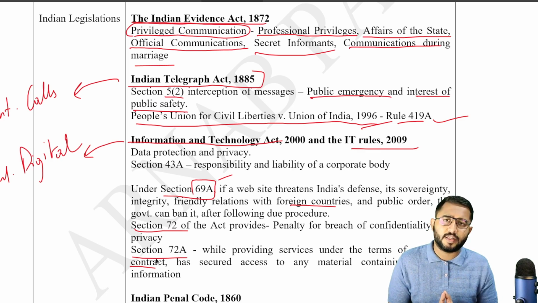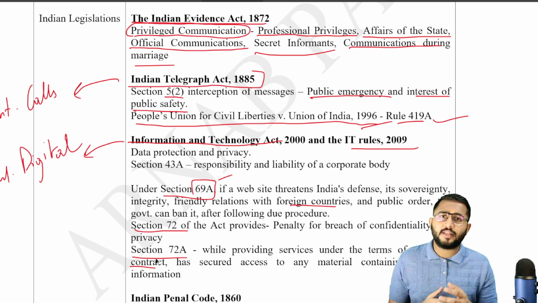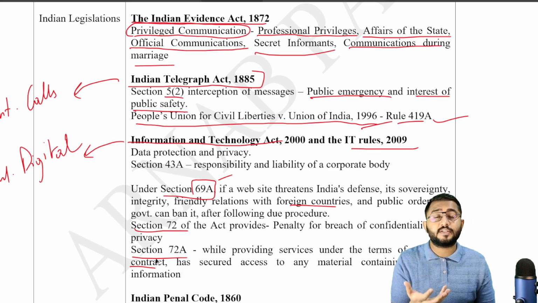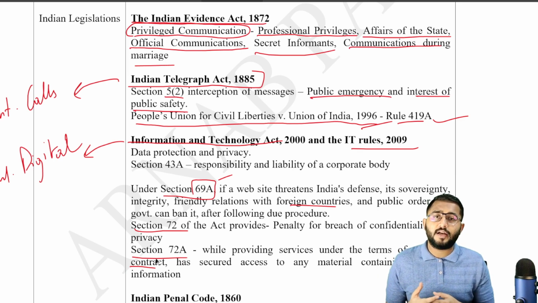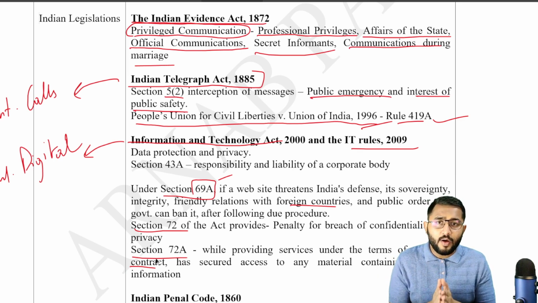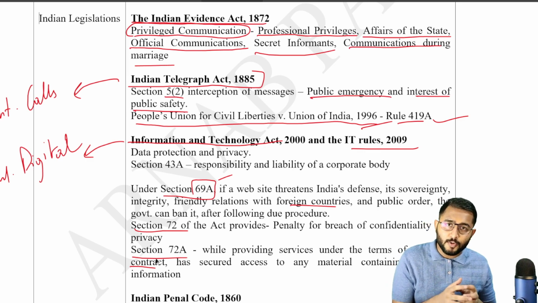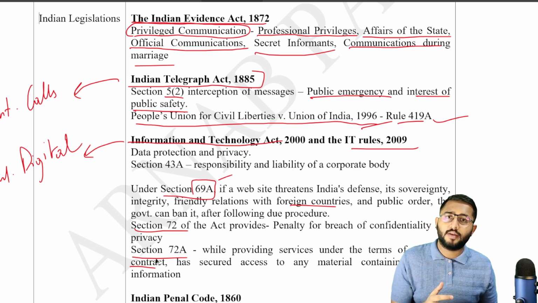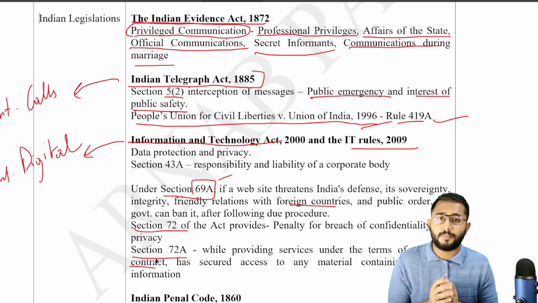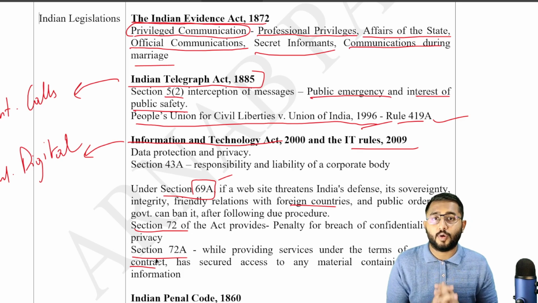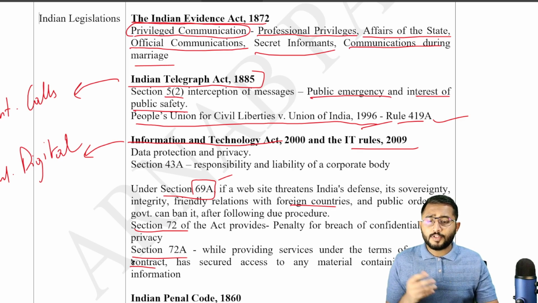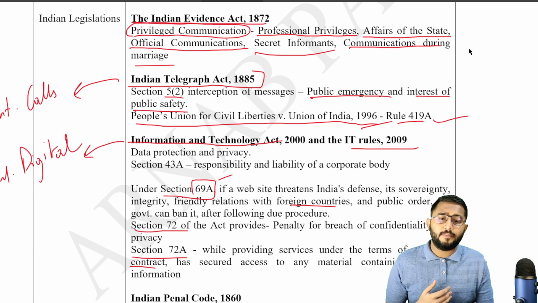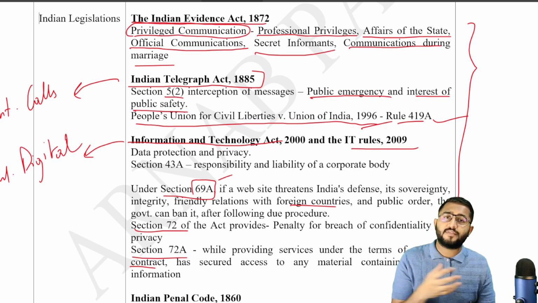It's a lawful contract, and by entering it, you have obtained certain personal information, data, or communication from me. Now if you go ahead and disclose this information, then you are in breach of my confidentiality and privacy, and that is punishable under law, under Section 72 and 72A, right? So these three acts became the backbone of privacy in India.